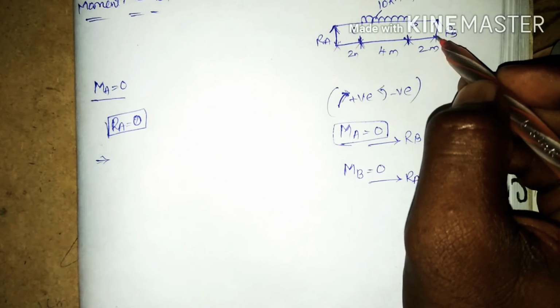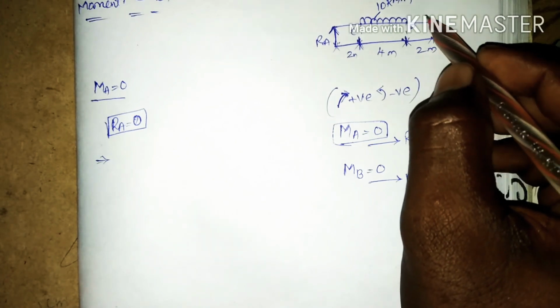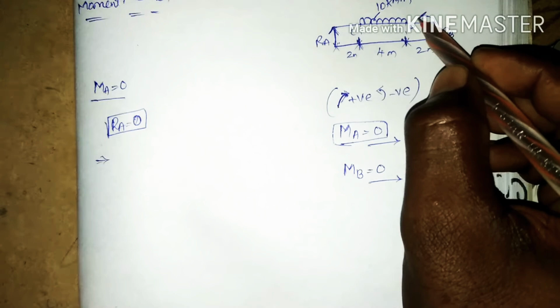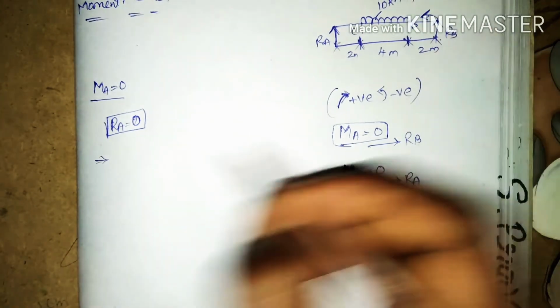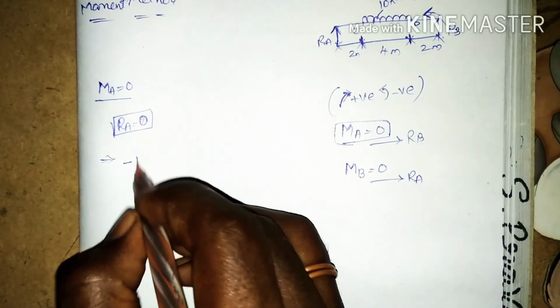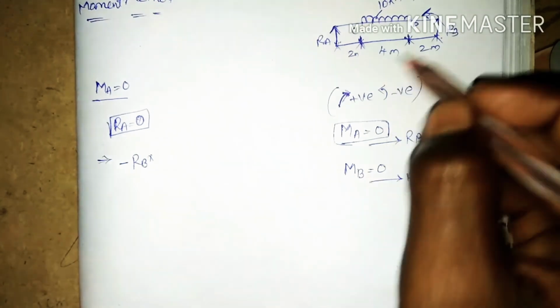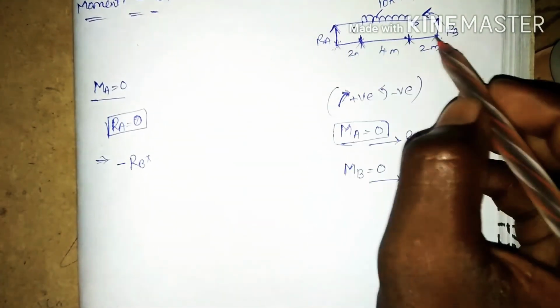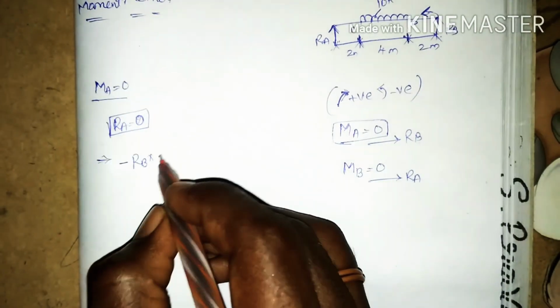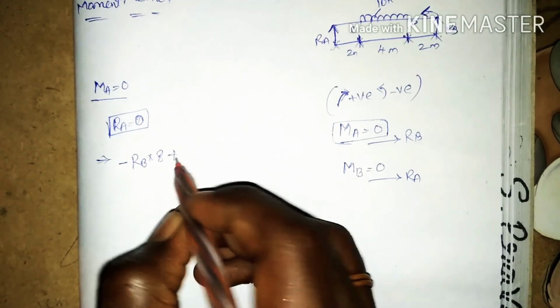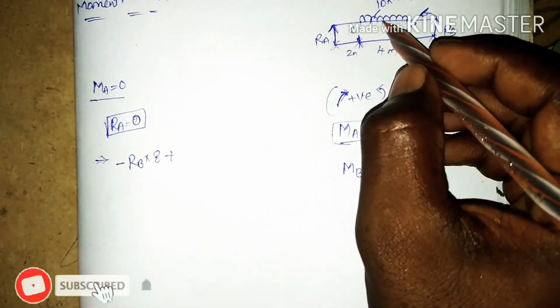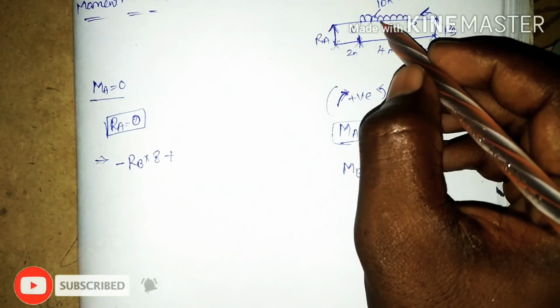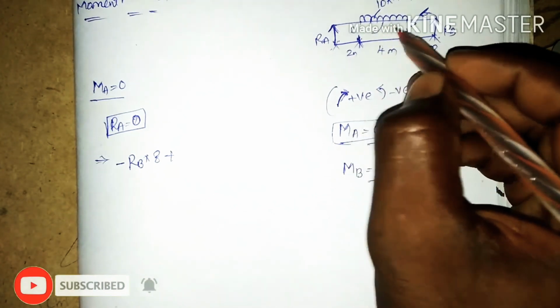RB is taking moment in an anti-clockwise direction, so it has a negative sign: minus RB into the distance from A to B, which is 8 meters. The UDL is positive because it is taking moment in a clockwise direction.